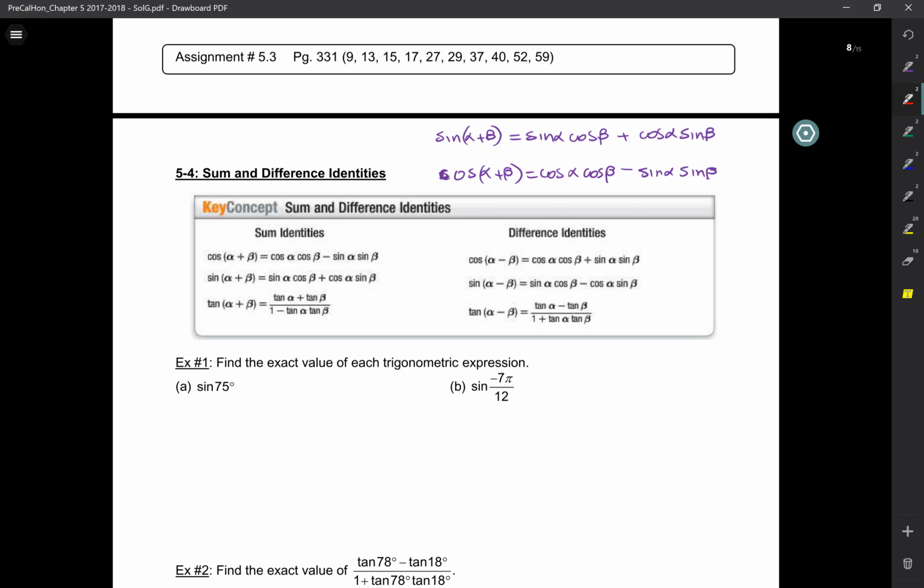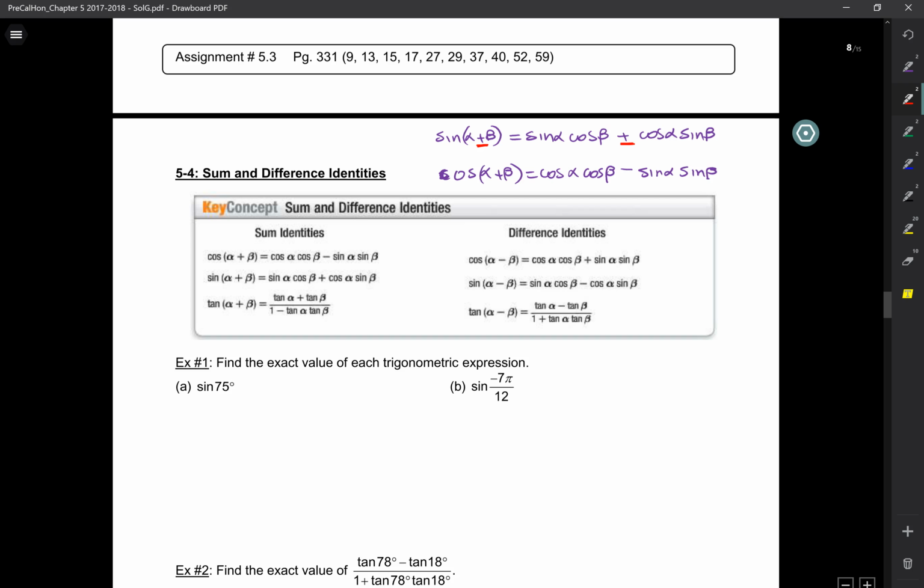The difference identities. For the difference identities, the only difference is you change the sign. Now, the more concise way of writing it is, if it was sine of alpha minus beta, if there was a minus there, then there would be a minus here.